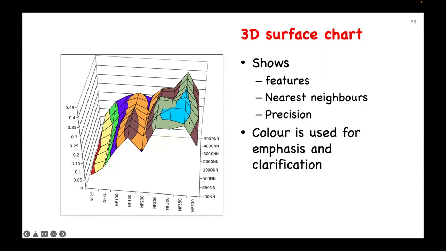So again, it's categorical colour because these are precision and recall values, which you can see down here. But the colour is making it easier to understand and see what's going on with this.